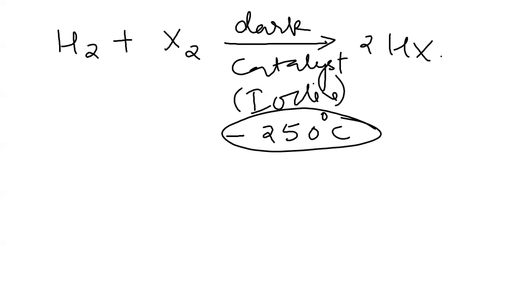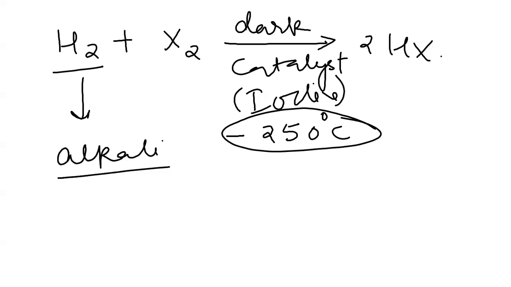So dihydrogen gas in this case will resemble the alkali metals. Why? Because alkali metals react with halogens to form halides.